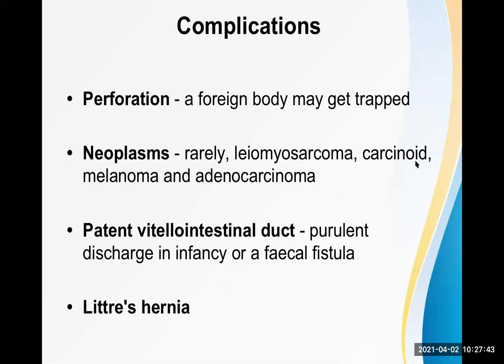Very good. So just like the appendix, Meckel's diverticulum can be the source of a carcinoid tumor, and later this carcinoid tumor may metastasize to the liver. So it can cause carcinoid syndrome, and very rarely maybe melanoma or adenocarcinoma.